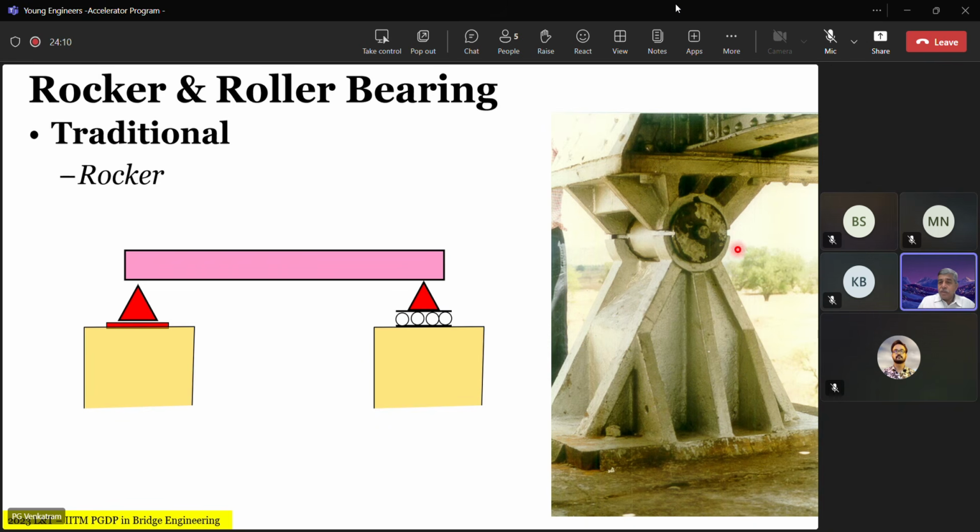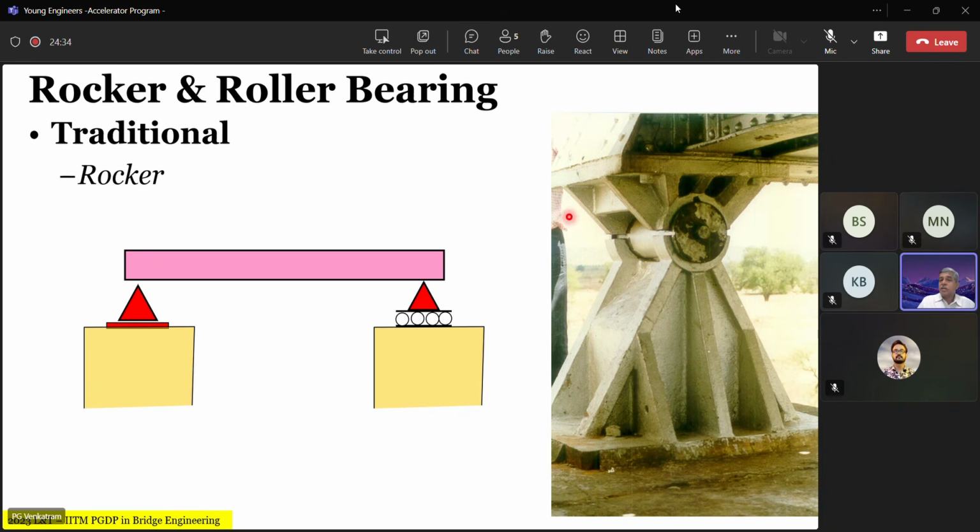Basically, you have a bottom in which there is a sleeve. It's a half rotation, and there's a roller pin on which the top surface sits, and it rotates. When sliding takes place, this curved surface locks with this, and this curved surface locks with this, preventing displacement in the direction of the traffic. So it only accommodates rotation.